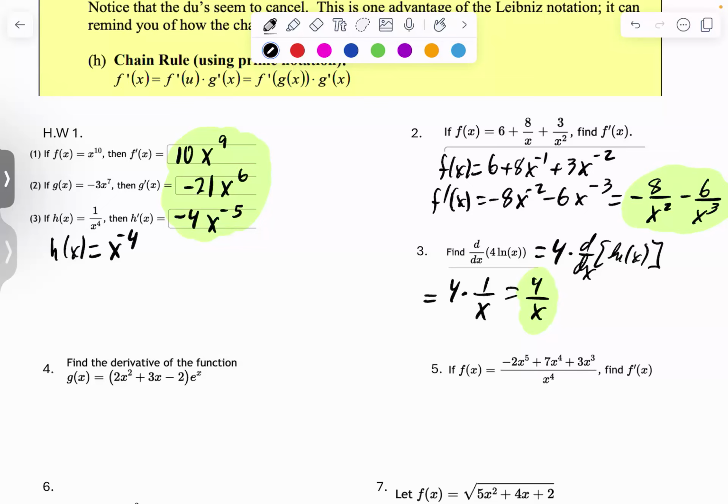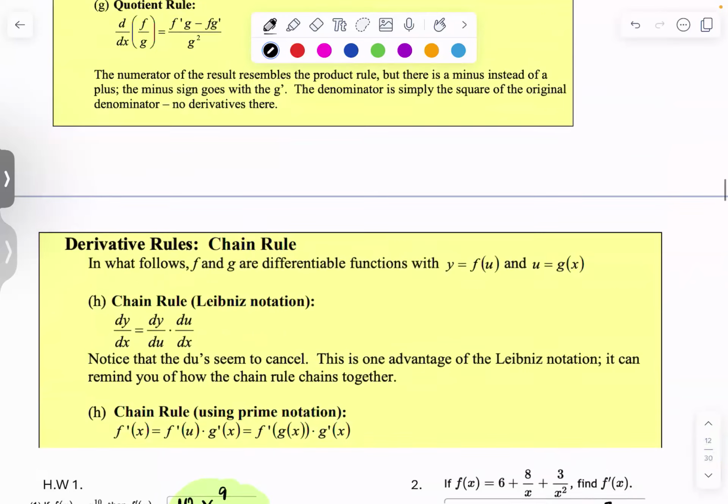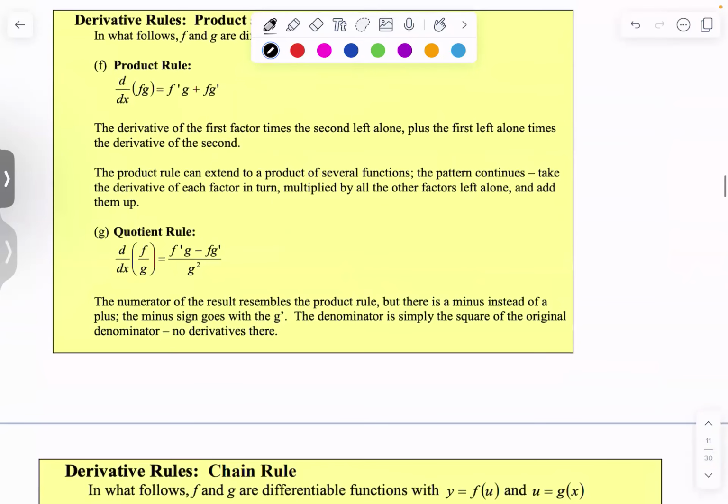Number 4, we actually are going to have to use the product rule, because we have two functions. We have a polynomial, 2x squared plus 3x minus 2, times an exponential function, e to the x. And the way the rule works, if we go back here to the product rule, is the derivative of the first function times the second, plus the first function times the derivative of the second.